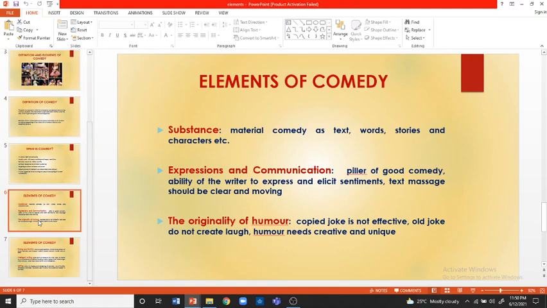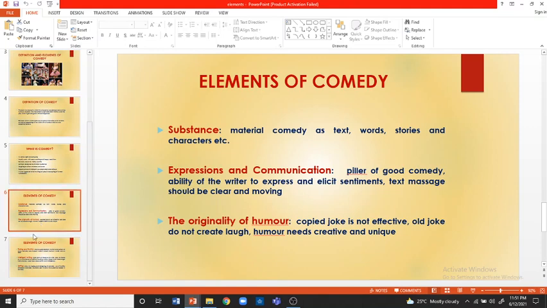We want everything new. That's why humor needs to be creative and unique. New means the writer should use new jokes, new situations, and his humor needs to be creative and unique.